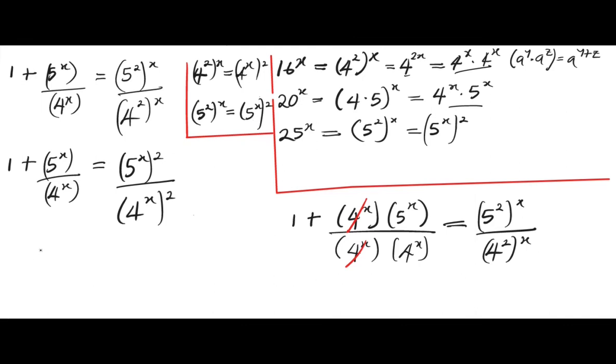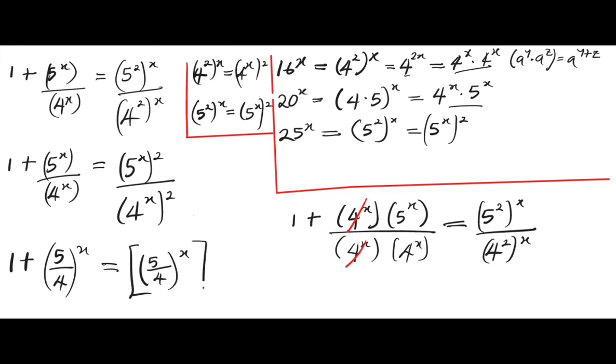Now we can simplify it further by writing it this way: 1 plus 5 divided by 4 all raised to the power of x equals 5 divided by 4 raised to the power of x, all raised to the power of 2. It's pretty much the same.